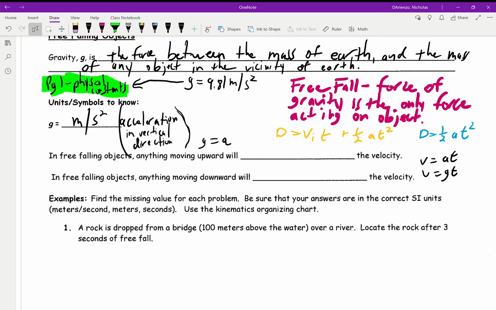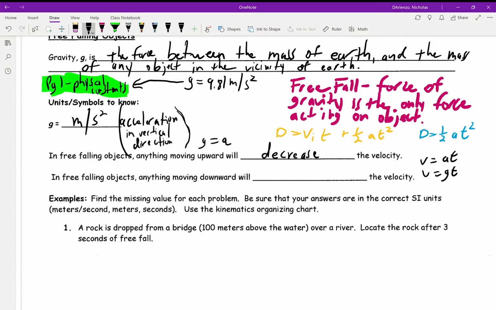So when we're dealing with free-falling objects, if the object happens to be moving upward, and we'll look at both these cases here in a second, due to the acceleration moving downwards on the Earth, which is always the force moving in the direction towards Earth, not away from Earth, the object's velocity is going to decrease.